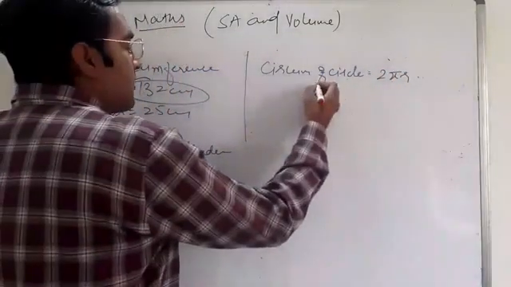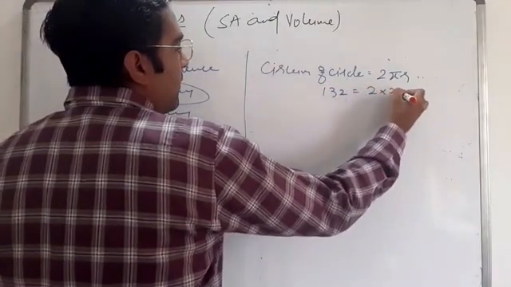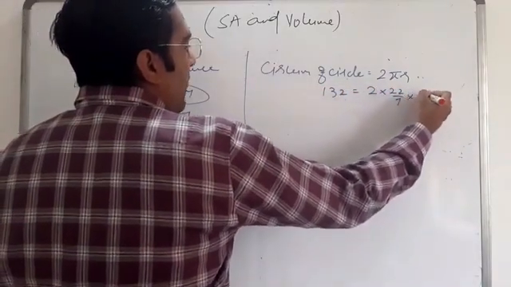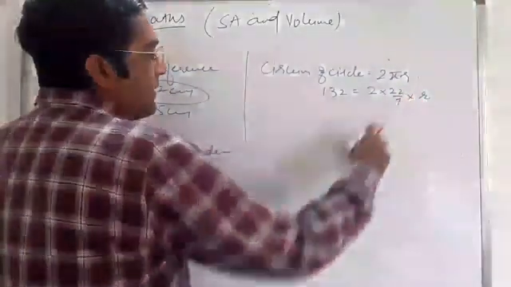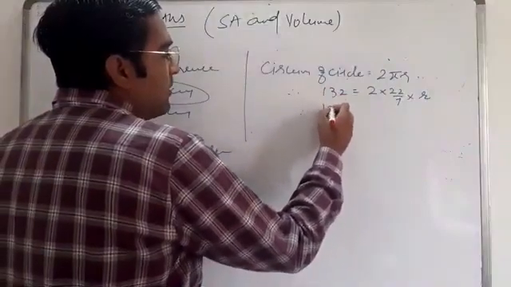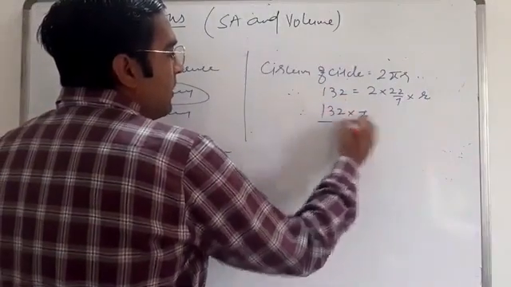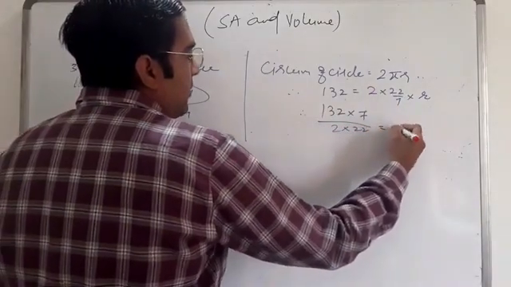So the circumference of the circle is given, that is 132 equal to 2 into 22 by 7 into r. I want to find the radius of the circle, so I'll take the radius as it is and multiply 7 to the second side. So 132 into 7, and 2 and 22 shifted to the second side to divide by 132.